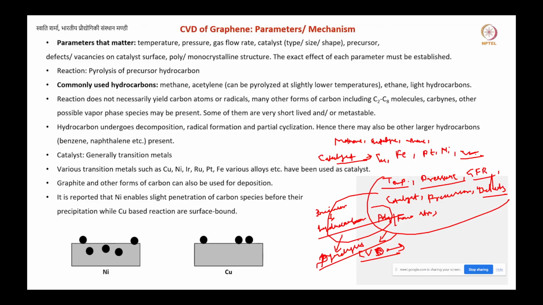It is reported that nickel enables slight penetration of carbon species before their precipitation, while copper based reactions are surface bound. Okay, so here you can see when you are using nickel as a catalyst, you will have the penetration.